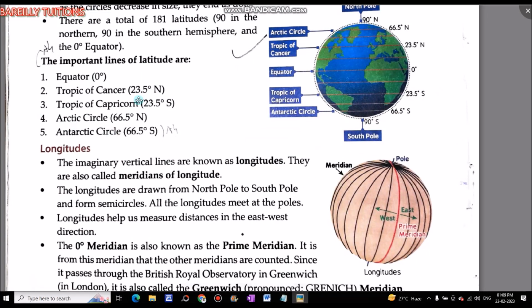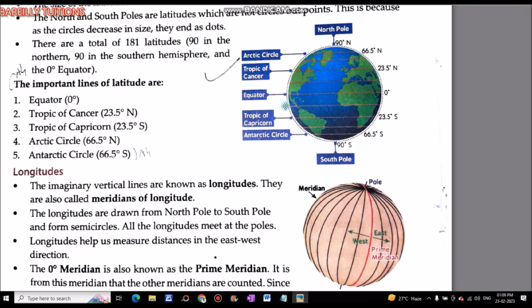Second is Tropic of Cancer, 23.5 degree north. This is Tropic of Cancer, 23.5 degree north. Third is Tropic of Capricorn, 23.5 south. The Tropic of Capricorn, 23.5 degree south.